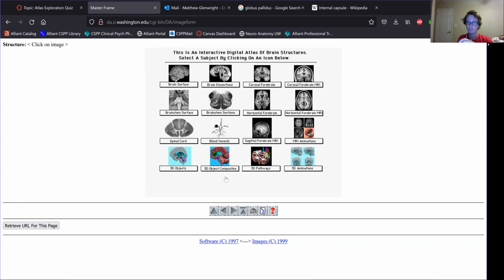The main things I wanted to talk about were the primary motor cortex, primary sensory cortex, primary auditory cortex, and then the orbital frontal region and the prefrontal cortex, or the frontal pole.